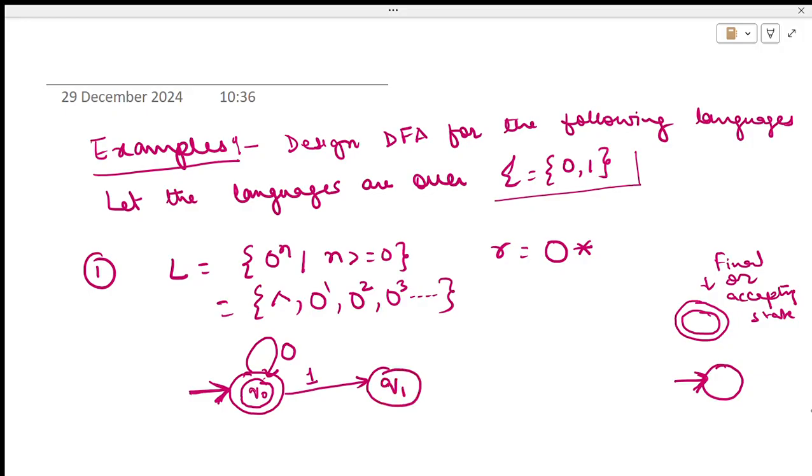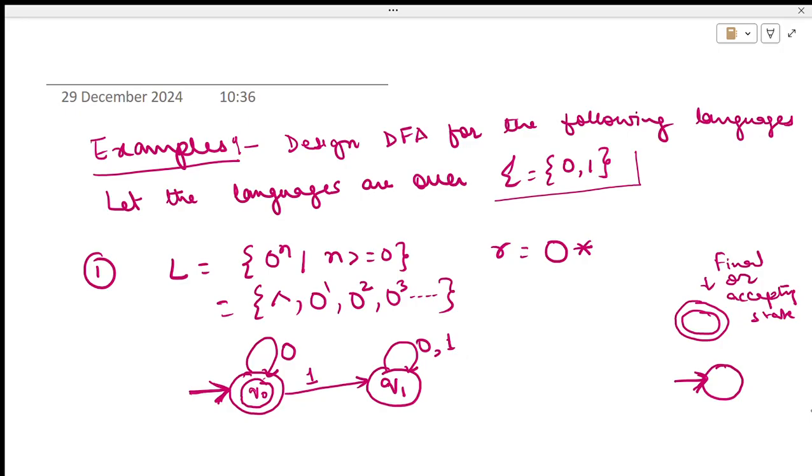Now for Q1, if a 1 is encountered, it should not be there, as it does not belong in the language. So whenever 1 is encountered, it goes to another state, and this state, for any 0 or 1, stays in the same state.